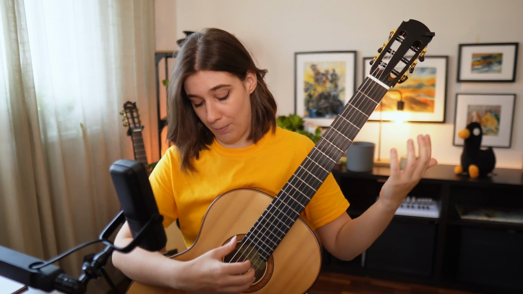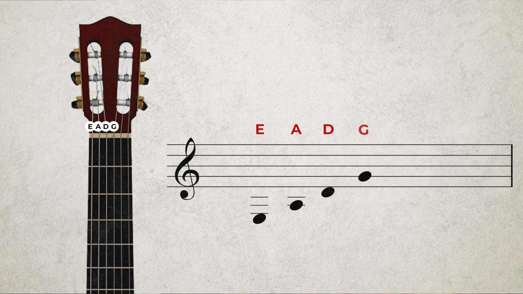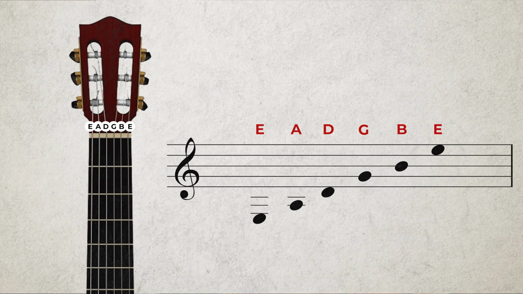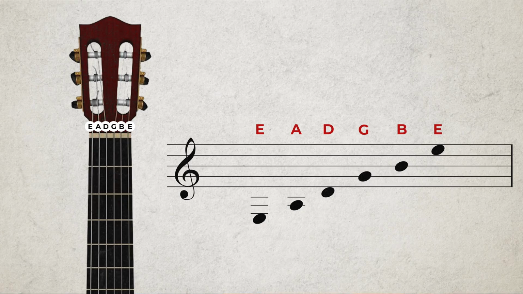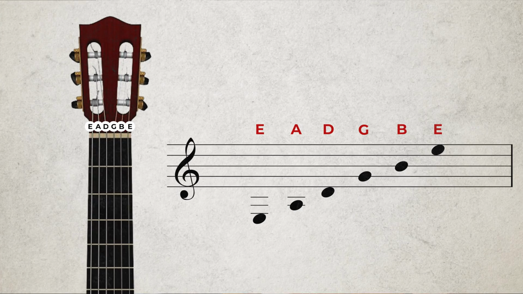Putting all this into sheet music for a second, the standard tuning of a guitar from lowest string to the highest is going to be E, A, D, G, B, and finally E again. So these notes are going to correspond to these lines and spaces in the sheet music.